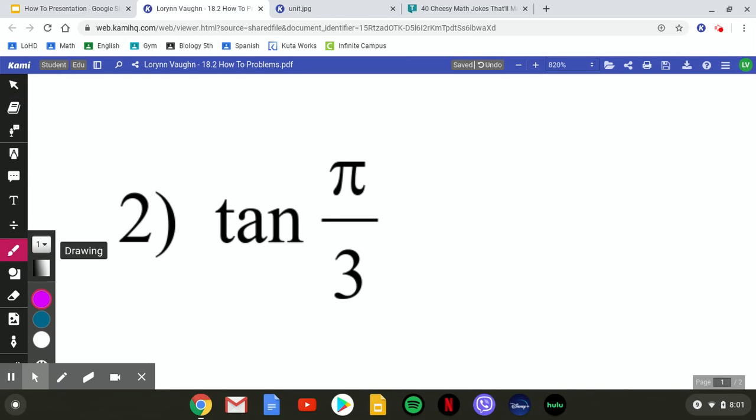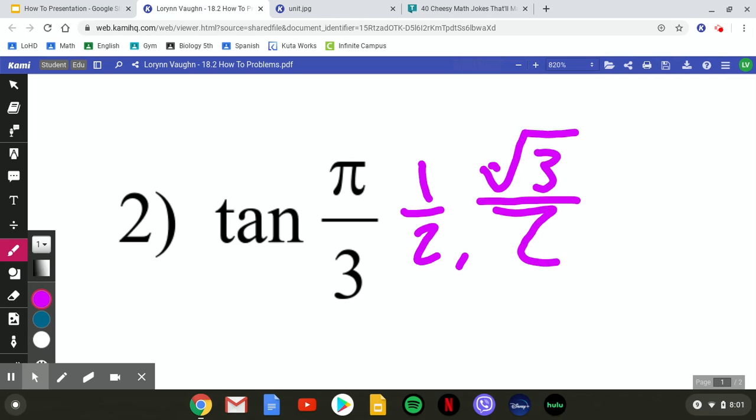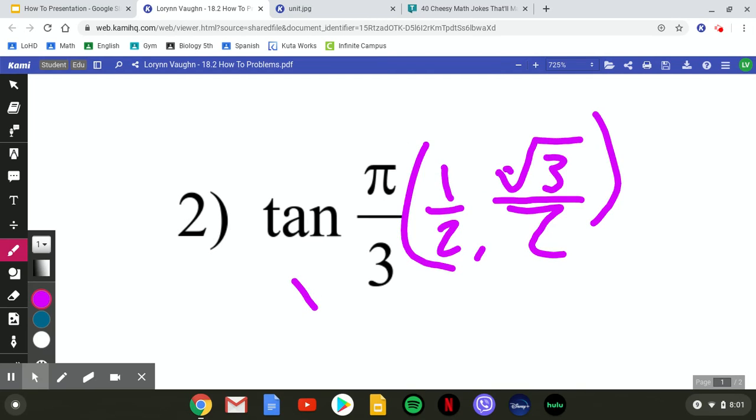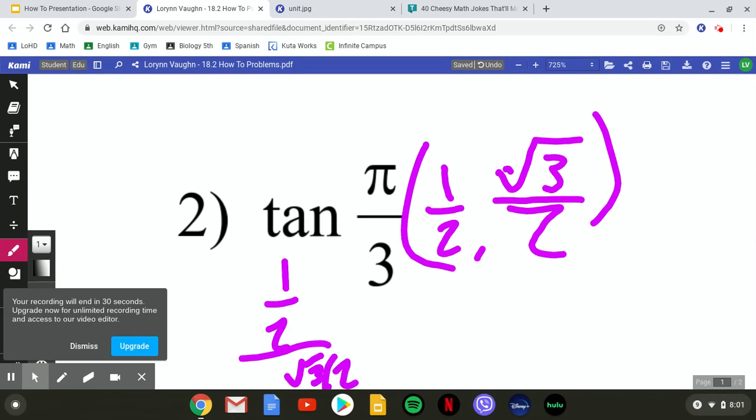Alright, then coming over here, this is the same as a 60-degree angle, with coordinates 1/2 and square root of 3 over 2. To divide, 1/2 divided by square root of 3 over 2, we're just going to do 1/2 times 2 over the square root of 3.